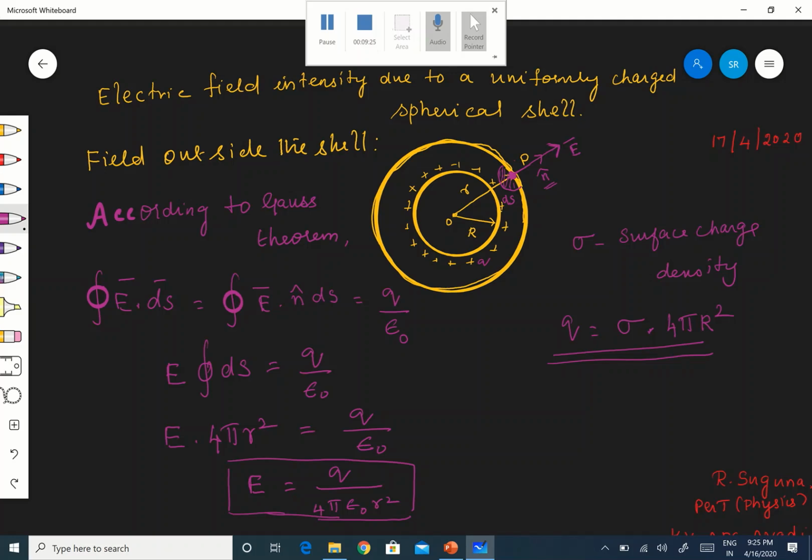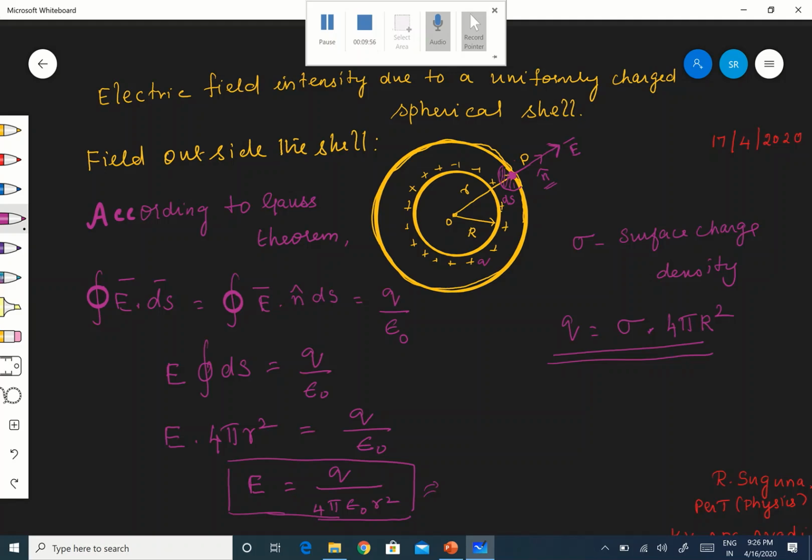This expression shows that all the charges Q are uniformly distributed on the shell, but here you get the electric field E equal to Q divided by 4 pi epsilon naught r squared. This is equivalent to the electric field due to a point charge Q, which is Q by 4 pi epsilon naught r squared.